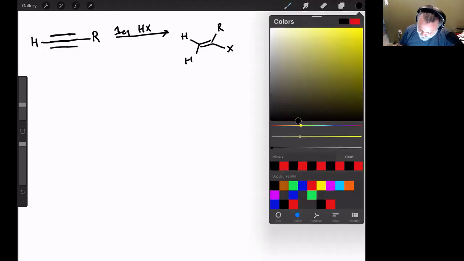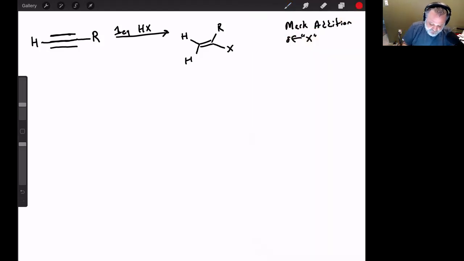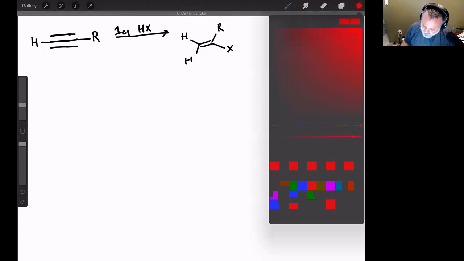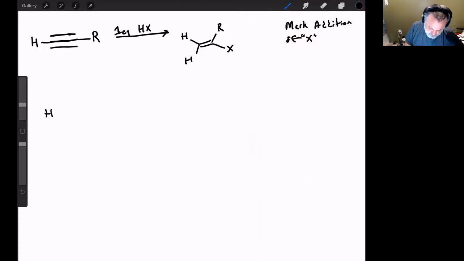Now, we talked about the mechanism of HX addition with alkenes, where we go through a carbocationic transition state, and we can essentially apply that same idea to alkynes. And I'm going to go ahead and draw out the carbons this time.